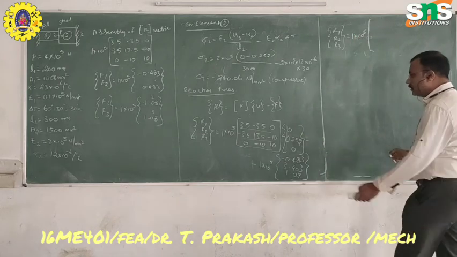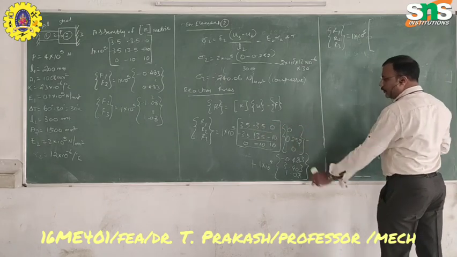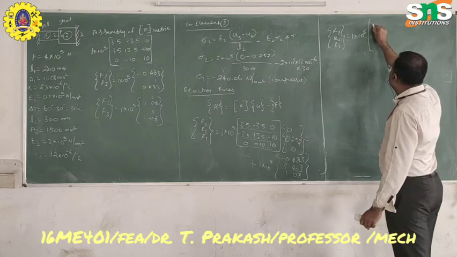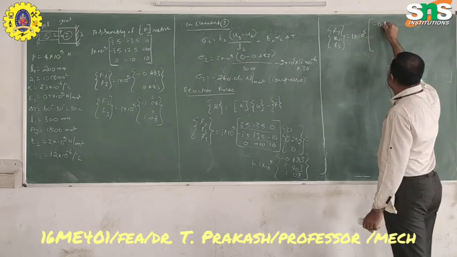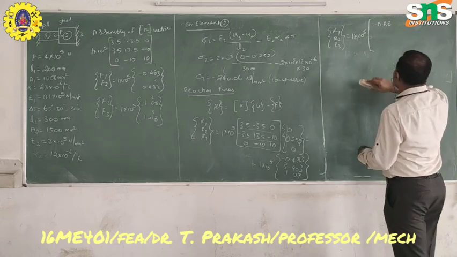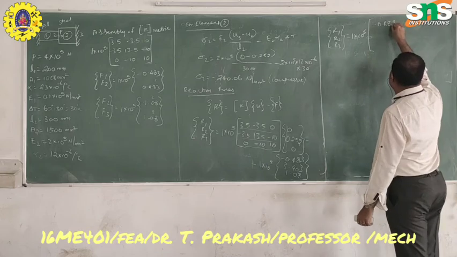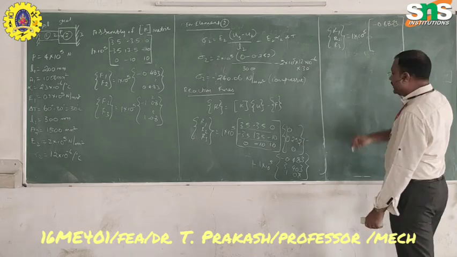Minus 3.5 into 0, 0 minus 3.5 into 0.252, minus 0.8823. Okay, it is the first value.